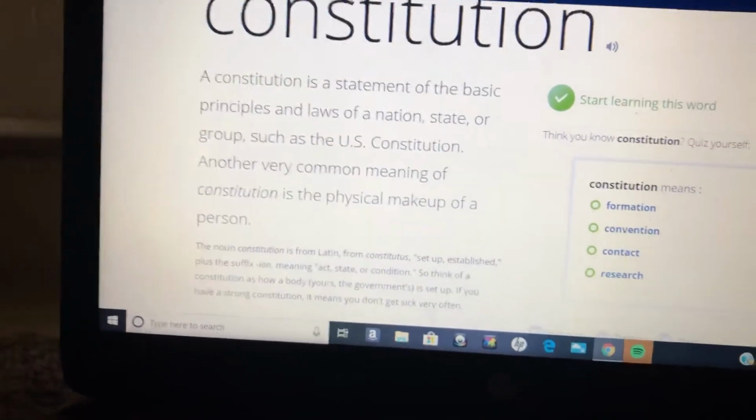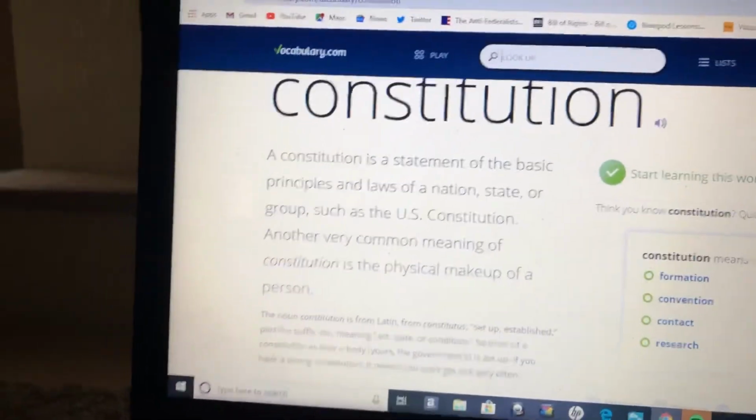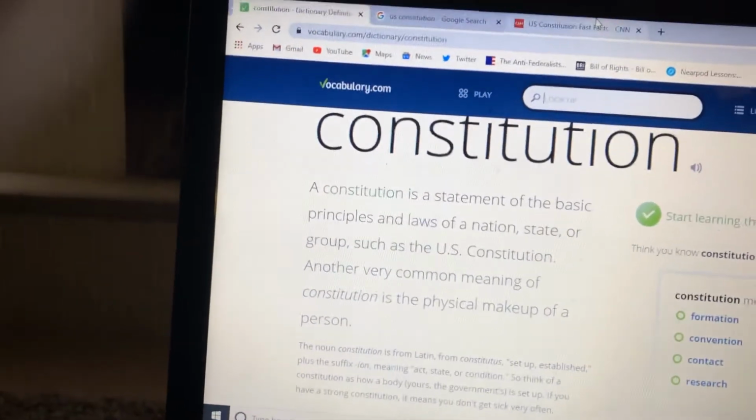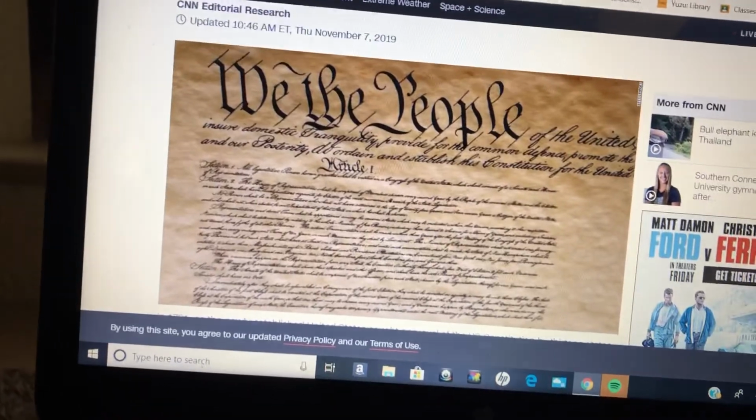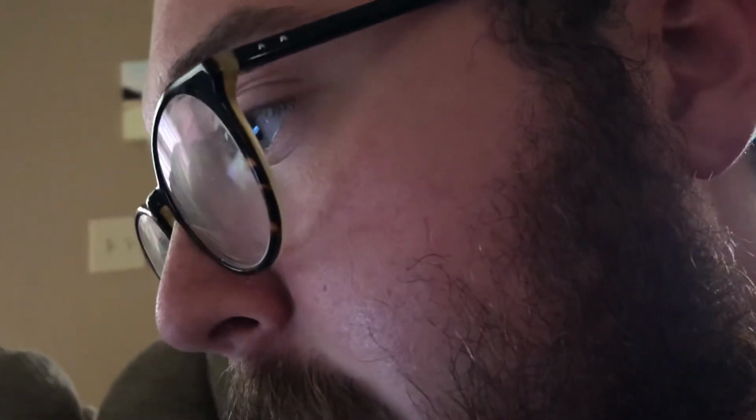It's very easy to remember, and so constitution will pop up plenty of times during our class. The U.S. Constitution, of course, is very important. We see different amendments that occur in the Constitution.